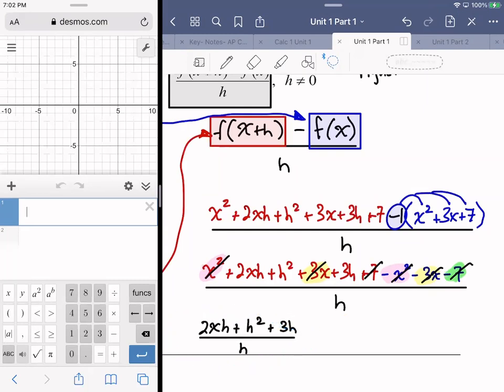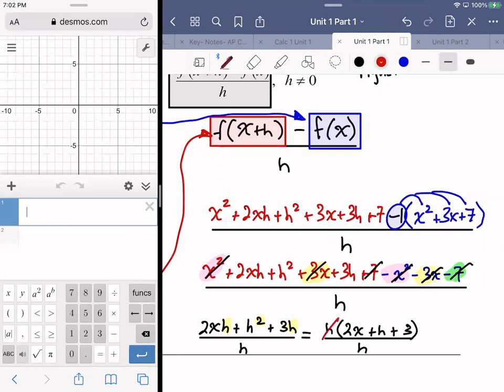We have a common h on the top, so I'm going to factor that out. I'm going to factor out a GCF. So I'm going to divide each one of these terms by h. See, I have an h here. I can take one of these h's and I can take one of those. So 2x plus h plus 3.